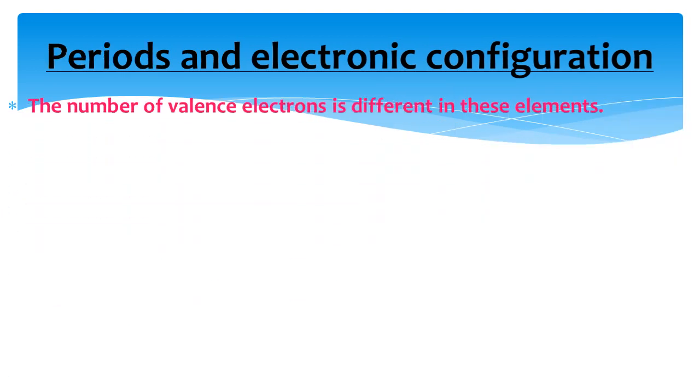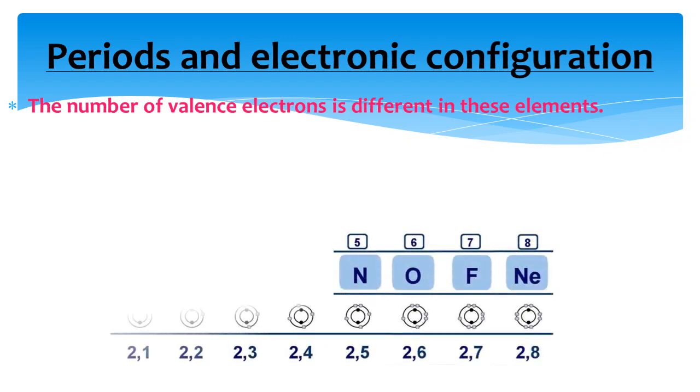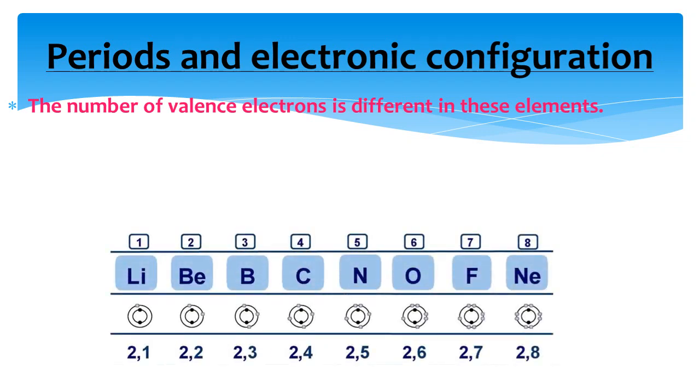Now next is periods and electronic configuration. There are 7 periods, which are the horizontal rows. The number of valence electrons is different in these elements. For example, lithium, beryllium, boron, carbon, nitrogen, oxygen, fluorine and neon are the period 2 elements.